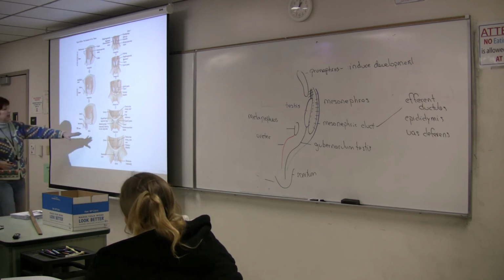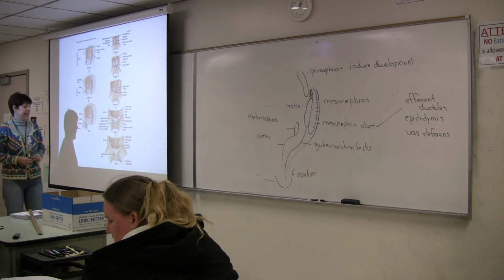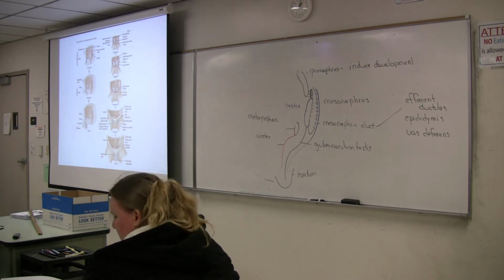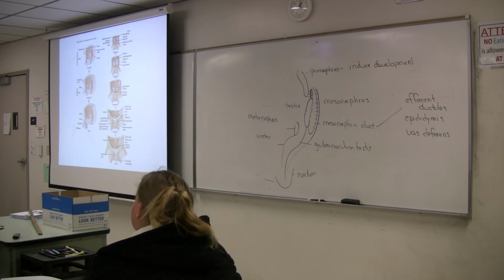By the 7th month, normally the testes have descended, have been pulled by the shortening gubernaculum down into the scrotum. And when a male baby is born, the pediatrician will palpate the scrotum to make sure that both of the testes have descended. If not, they will keep checking that, because if the testes have not descended by puberty, the male will be sterile.